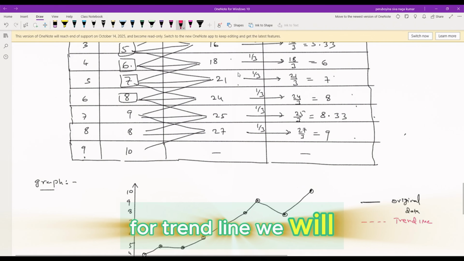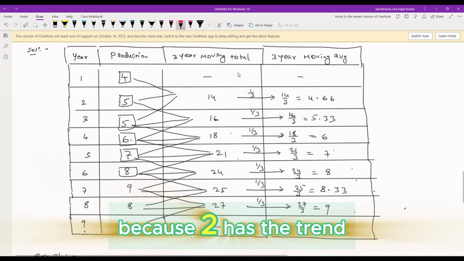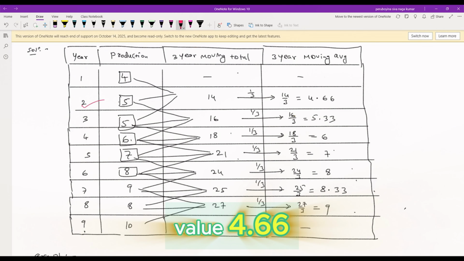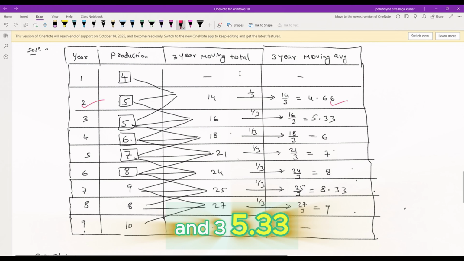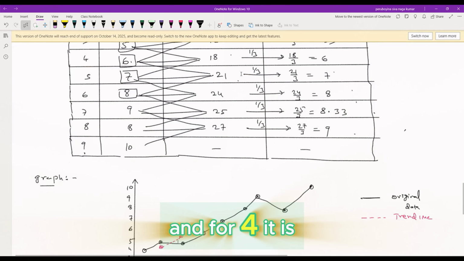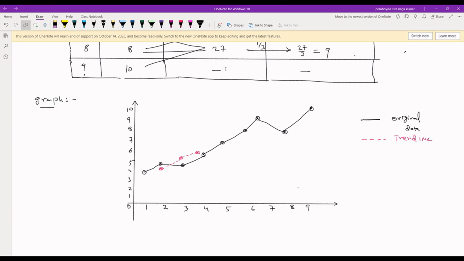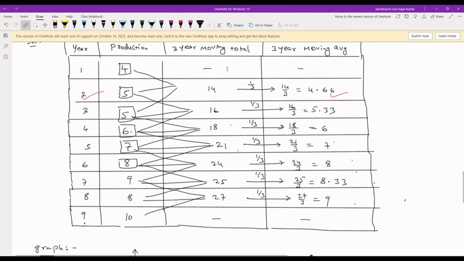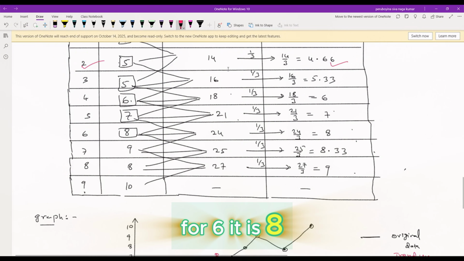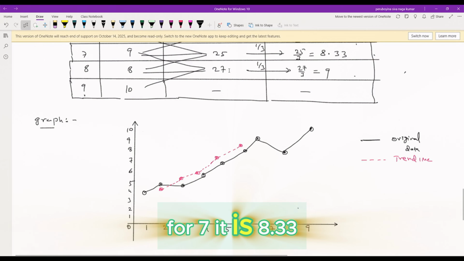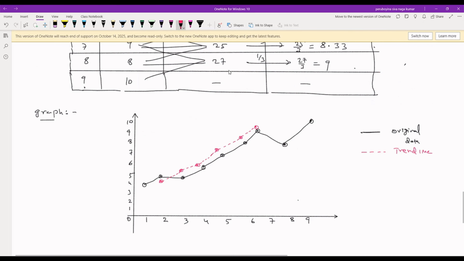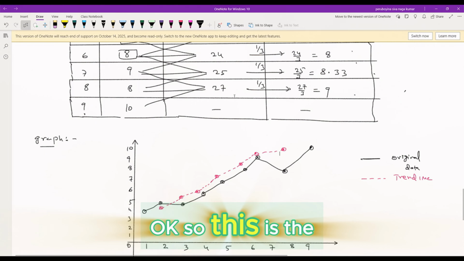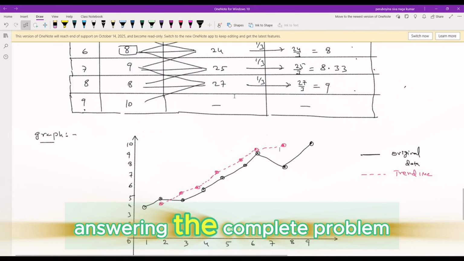For the trend line, we will start from 2, because 2 has the trend value 4.66 and 3 has 5.33, and for 4 it is 6, for 5 it is 7, for 6 it is 8, for 7 it is 8.33, for 8 it is 9. So this is the complete answer to the problem.